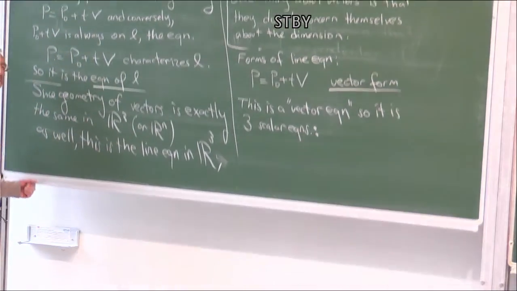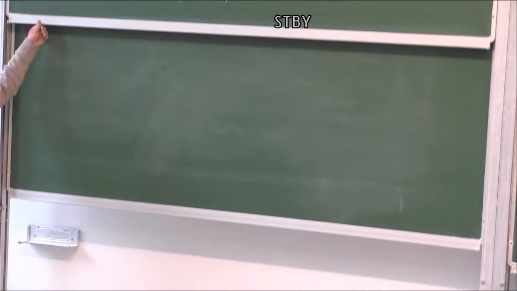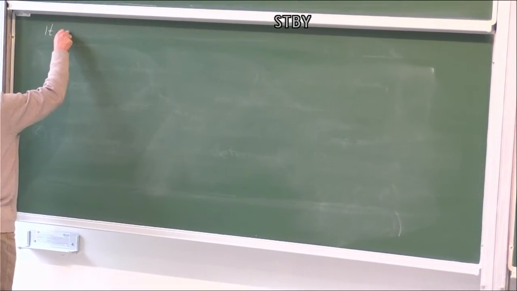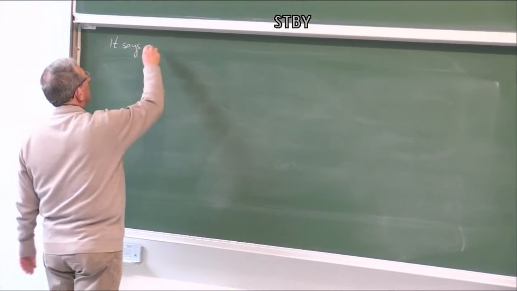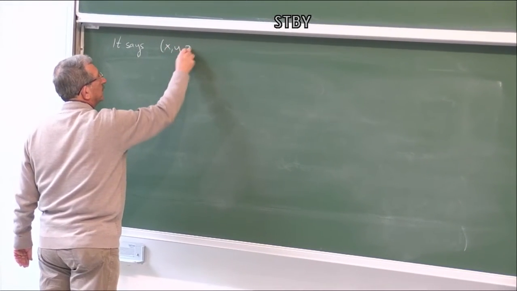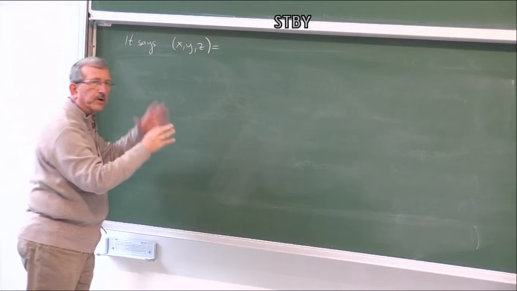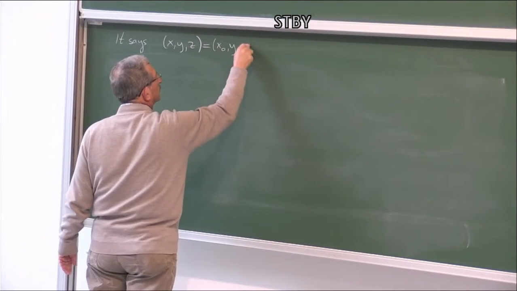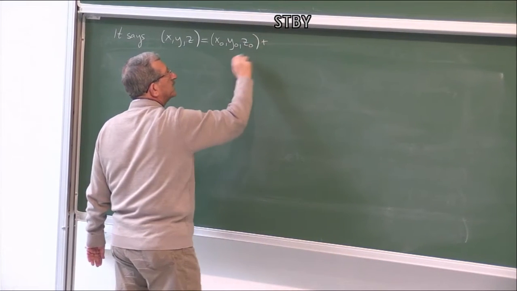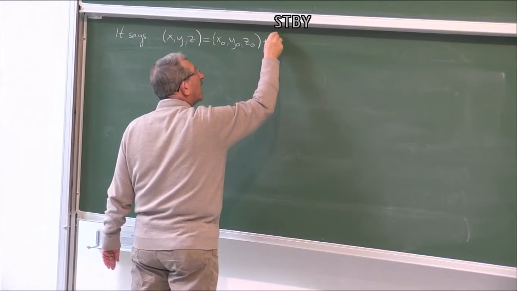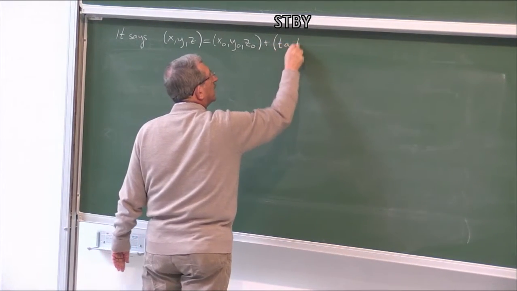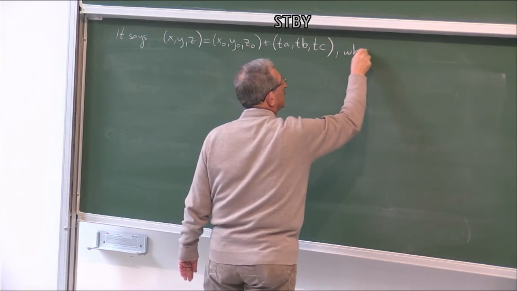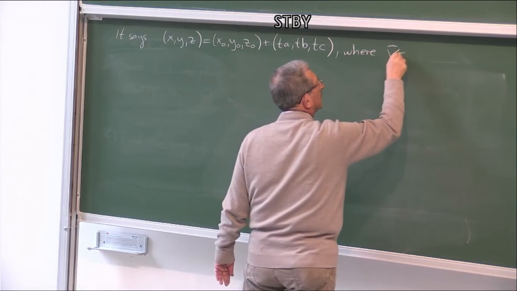Let us write it down. It says the following. X, Y, Z, of course, we're in space, is x0, y0, z0, plus t times A, t times B, t times C, where V is ABC.